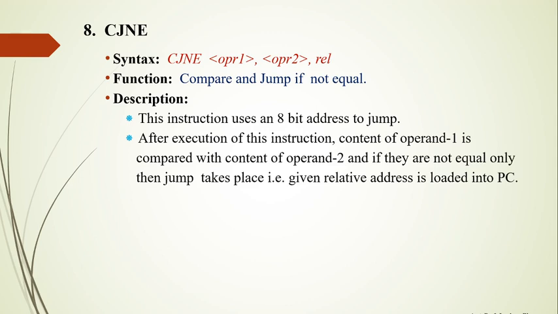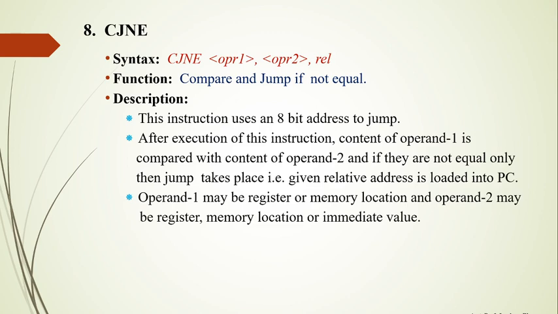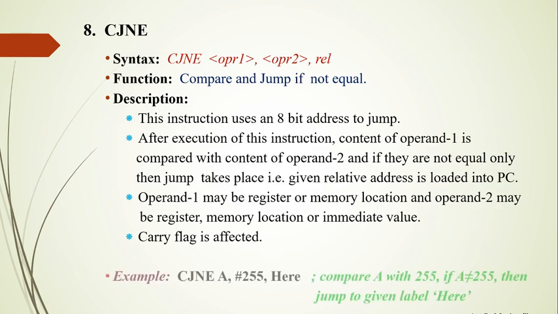After execution of this instruction, content of operand 1 is compared with content of operand 2, and if they are not equal, then only the jump takes place to the given relative address. Operand 1 may be register or a memory location, and operand 2 may be register, memory location or an immediate value. So carry flag is affected during the execution of this instruction.